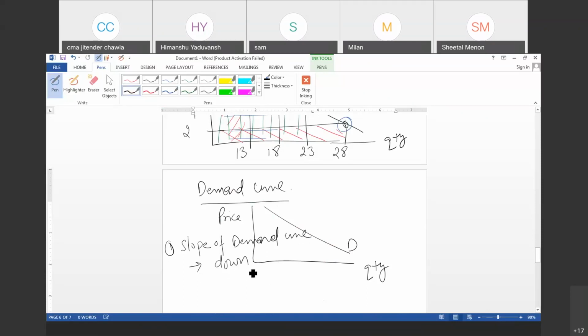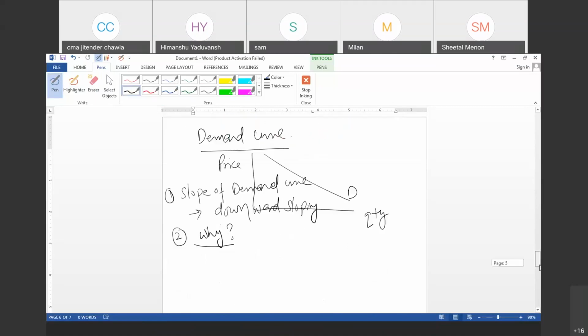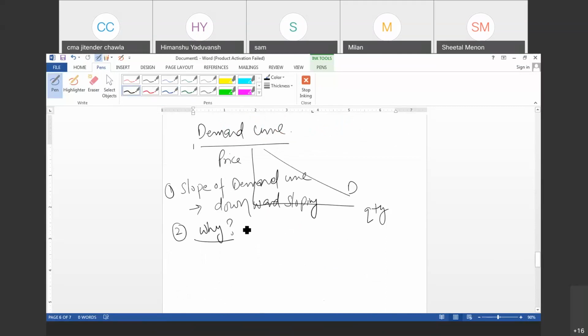Downward sloping. Why is it downward? Because of one relationship. What relationship? Yes, inverse relationship between price and demand. Excellent.